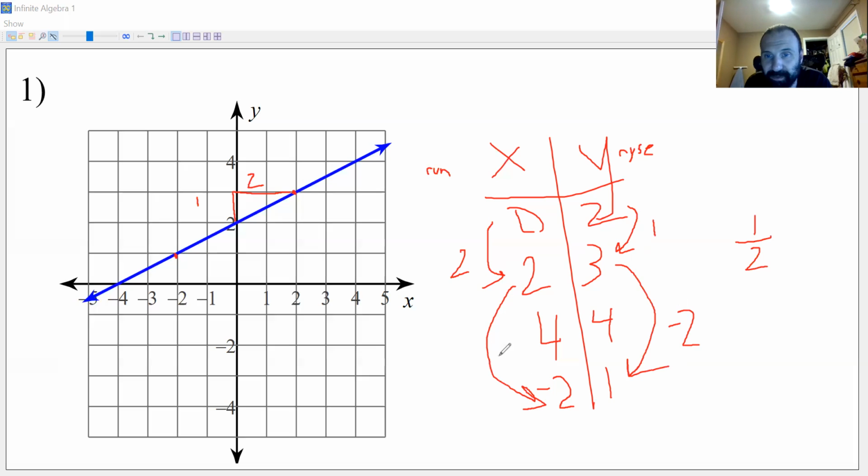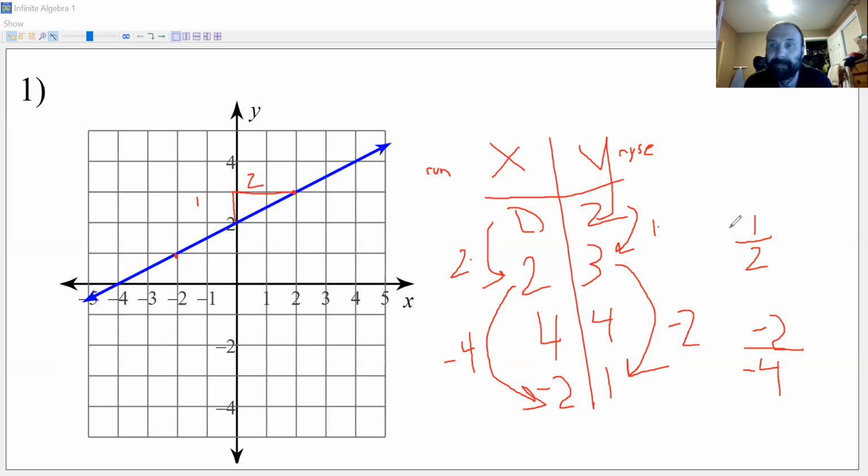Because 2 to 0 is 2. Then I go down 2 more, so that's 4. So instead of the rise being 1 and the run being 2, I can actually say the rise is -2 and the run is -4. But if you remember, 2 over 4 is the same thing as 1/2, and a negative divided by a negative is a positive.